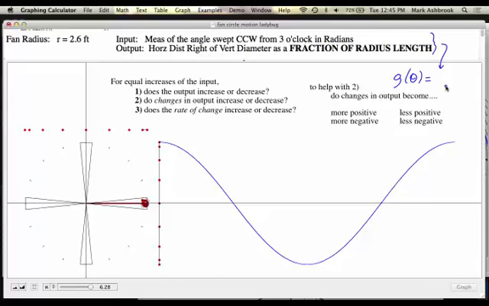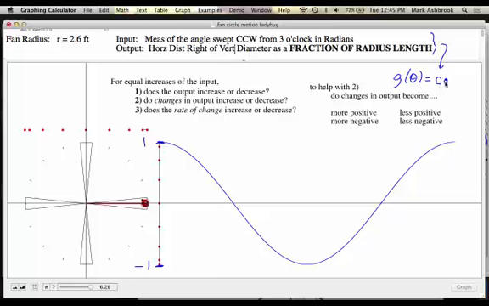Output, horizontal distance right of the vertical as a fraction of the radius length. It starts at its max at 1. When we get to an angle measure of pi, it's at its minimum of -1. All circles have this relationship if you're tracking the horizontal distance as a fraction of the radius length.